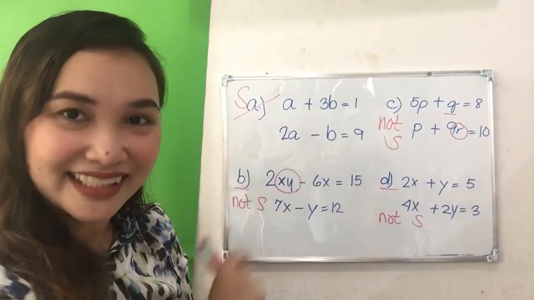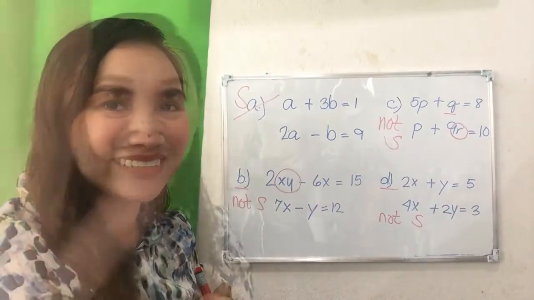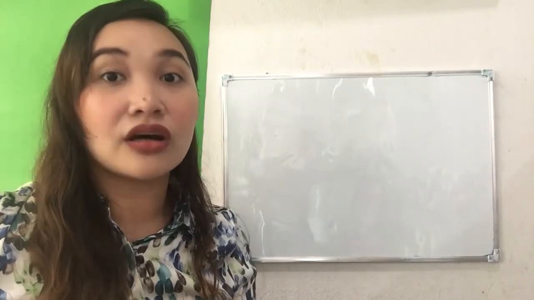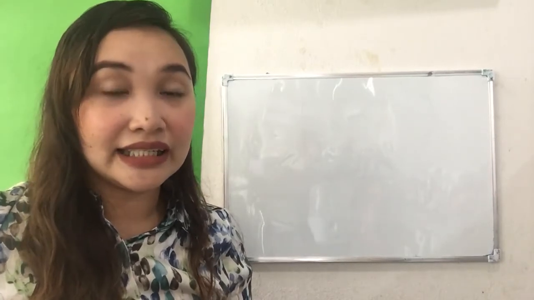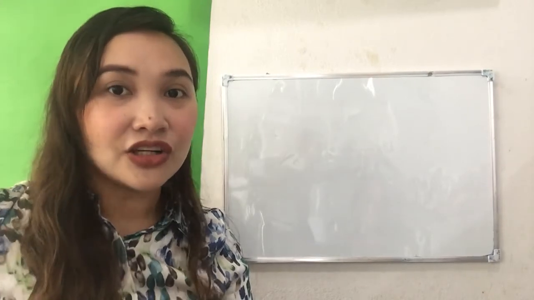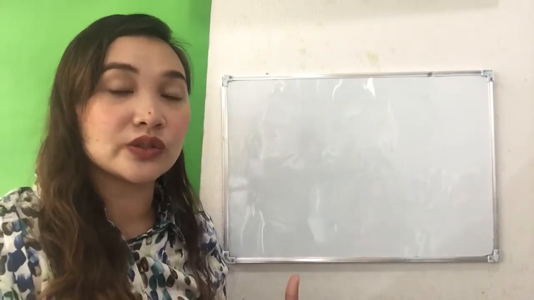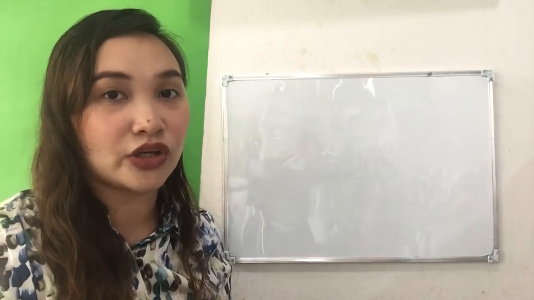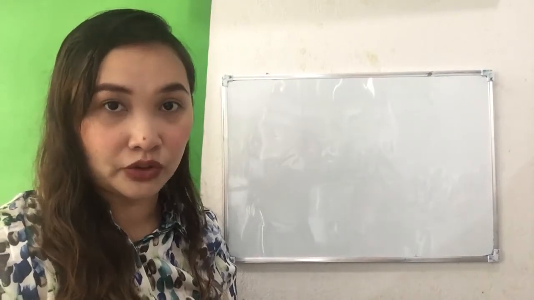That is our next topic. Our next topic is to find the pair of values that satisfies the two equations, so that we can say that the two equations are simultaneous linear equations in two variables.